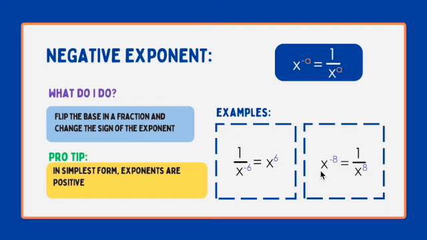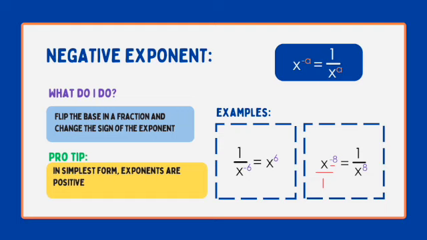It's because when I do not have anything, I have 1 in the denominator. Let me show you. When I'm trying to change this negative exponent into positive, I'm going to just flip it or take the reciprocal of it, and that will give me my answer, 1 over x raised to the power 8.